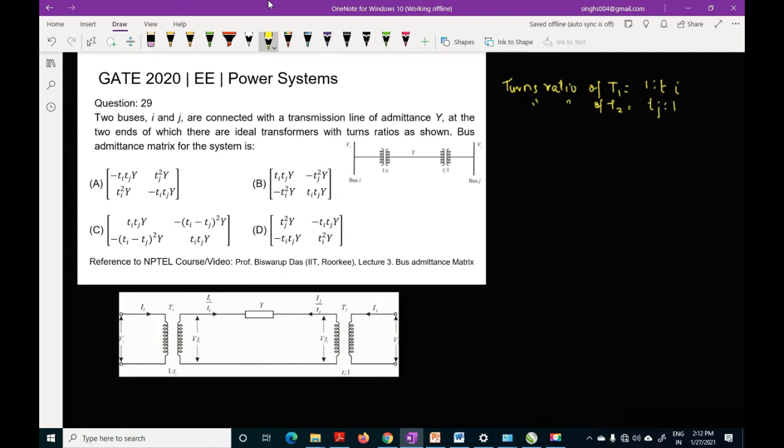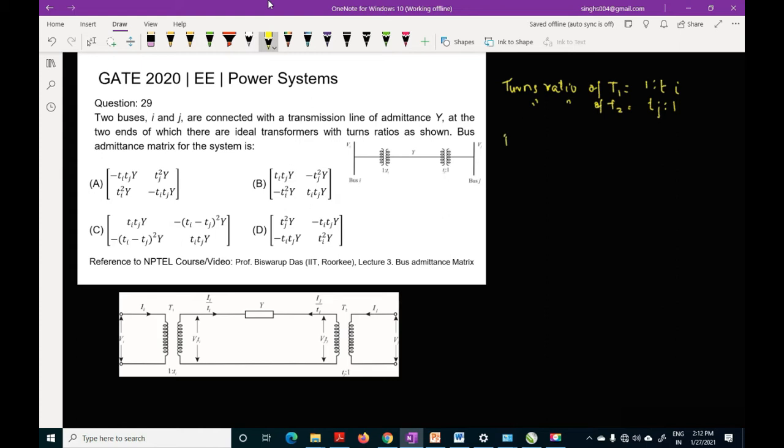Tj:1. Since we have to find the admittance matrix, we'll refer the bus I current on the primary side to the secondary side, and the bus current of bus J to the primary side of transformer T2.